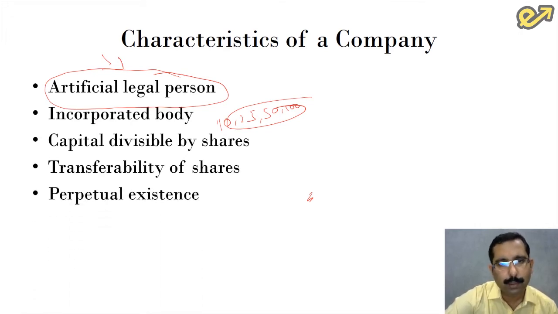The next point is perpetuality of existence, perpetual existence. This is very important. We had seen in the characteristic features of sole proprietorship and partnership that there is always a question mark on the existence of the business for a very long time. But when it comes to a joint stock company, these companies exist for a very long time if they continue to do well.